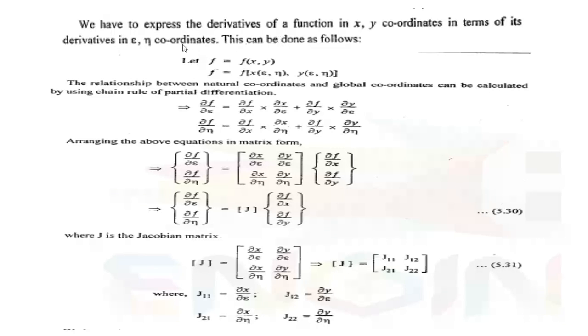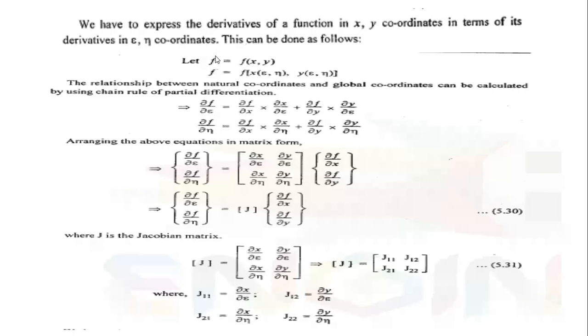So we are trying to convert the natural coordinates into global coordinates. For that we have to express the derivatives of a function in x and y coordinates in terms of the derivatives with respect to the eta and zeta coordinates. The main objective is first to convert this eta zeta into x and y.